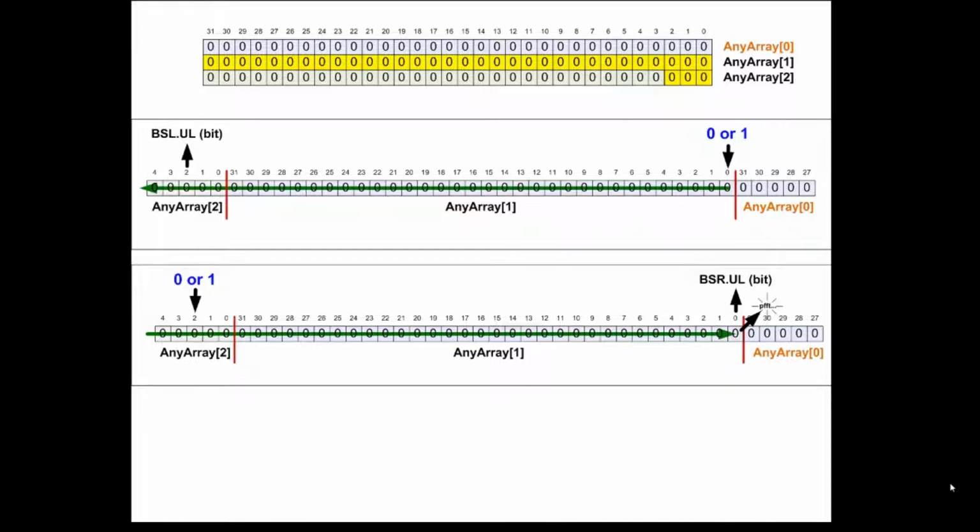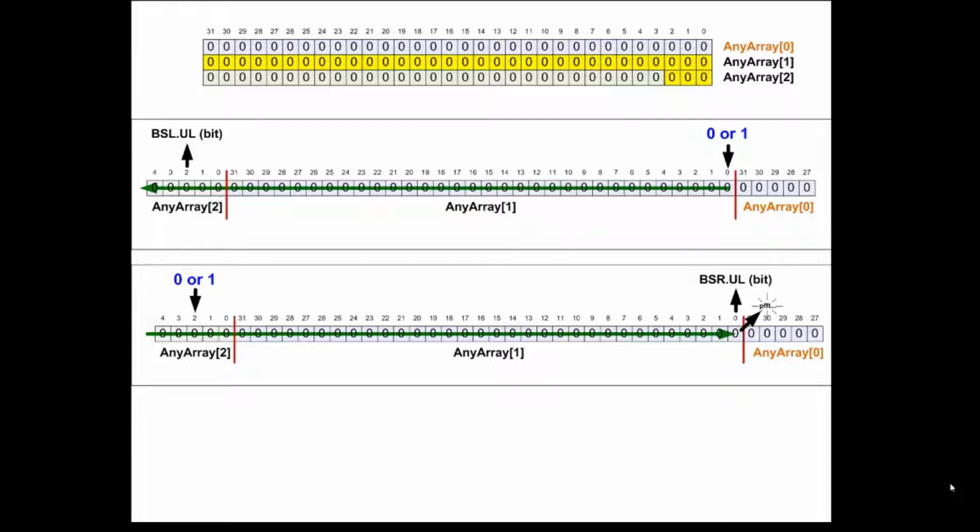Now let's do it the other way, going right. Again, as we said before, if we shift right inside of one of these elements, all the bits shift. But in this case, because our source bit is pointing to bit 2 of array 2, because we defined our length as 35, then on every shift, even though we're shifting array 2 to the right towards 0, our source bit is going to override whatever's in bit 2.